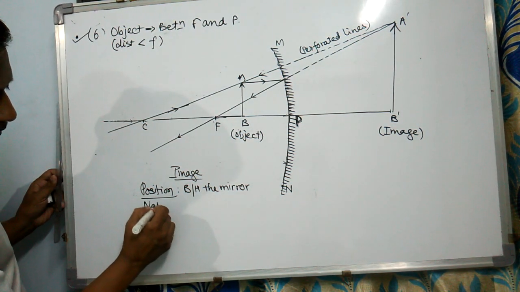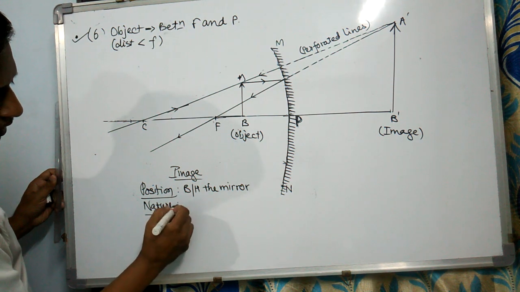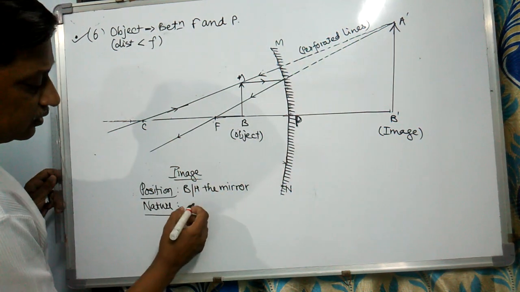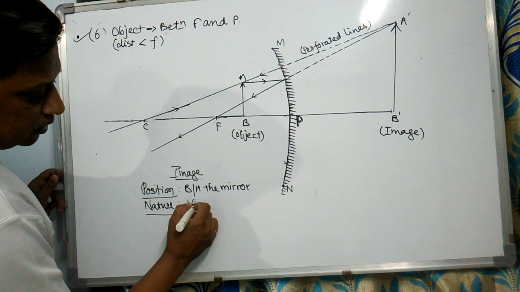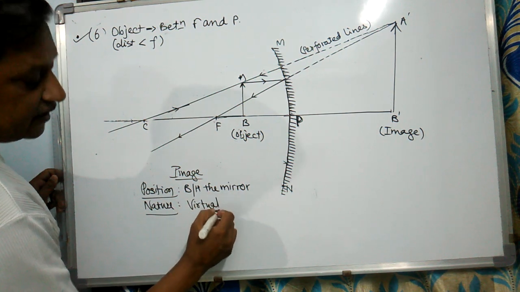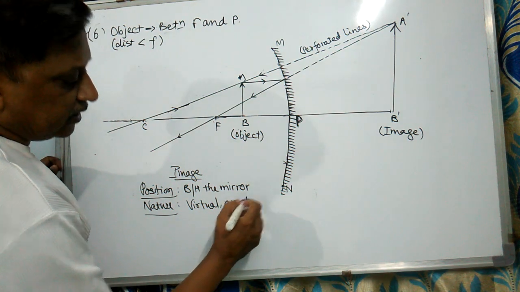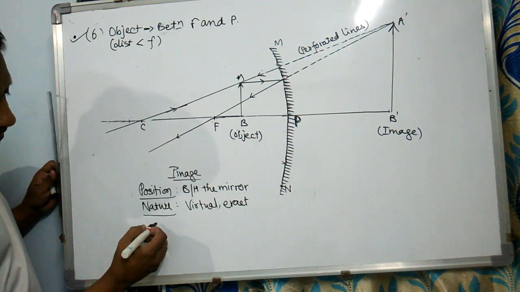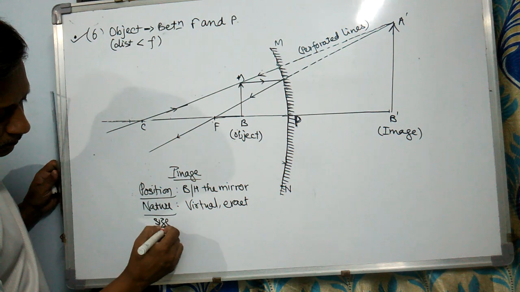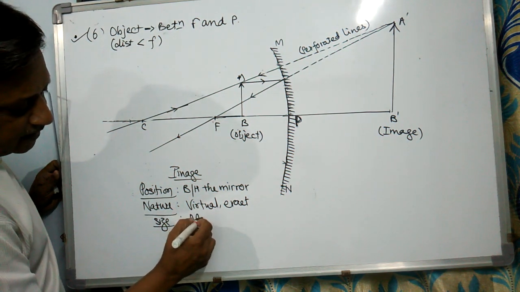Nature: it is obtained on the back side, so it is virtual, and a virtual image is always erect, and the size is magnified.